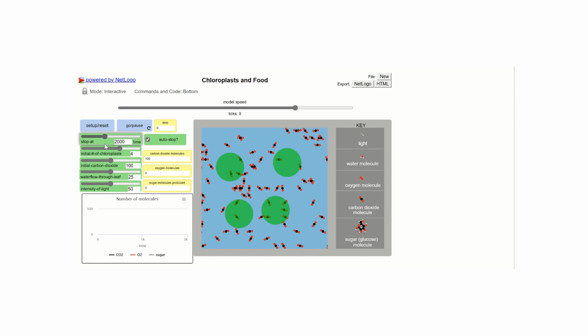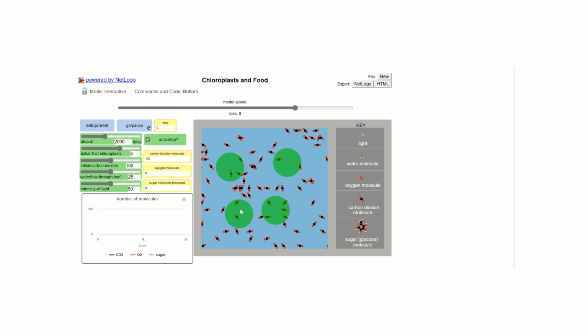Now if you look over here on the left, here's all of our controls. You can see me going up and down on some of the controls. I have our time set at 2,000 clicks. Our number of chloroplasts, that's the second one down, is 4, and that makes sense.